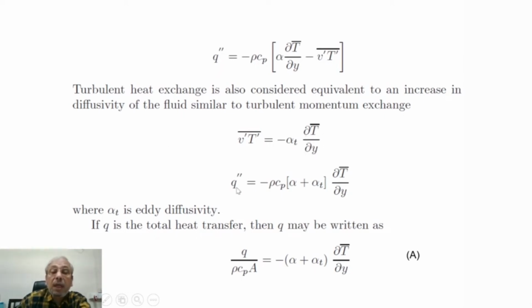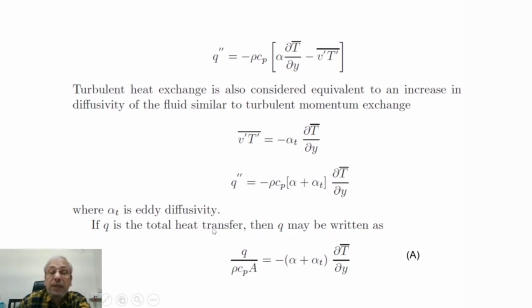So the total heat flux we can then summarize as minus rho Cp into alpha plus alpha T into del y of T bar, and alpha T is nothing but turbulent diffusivity or eddy diffusivity.